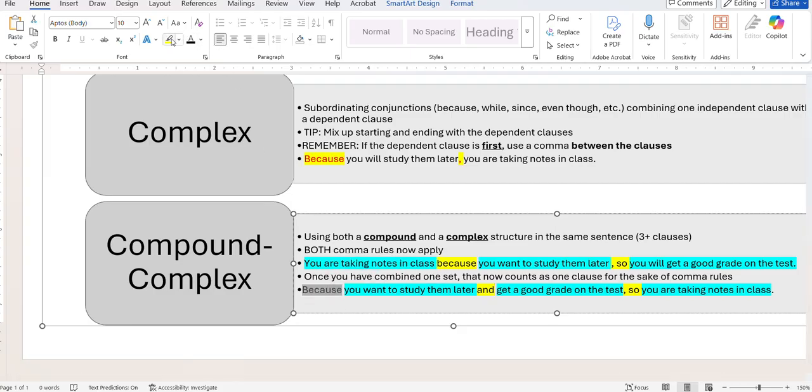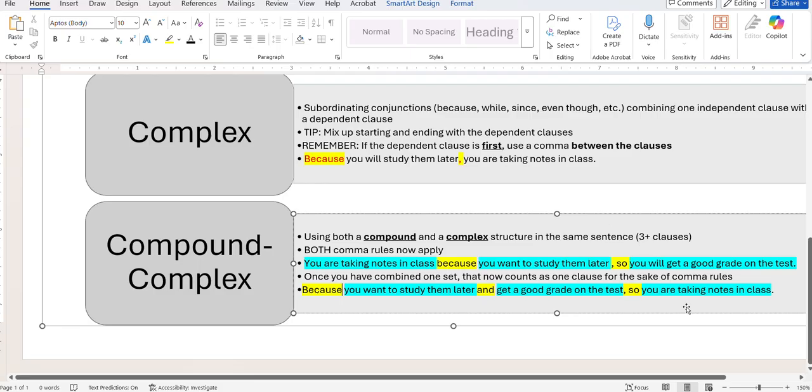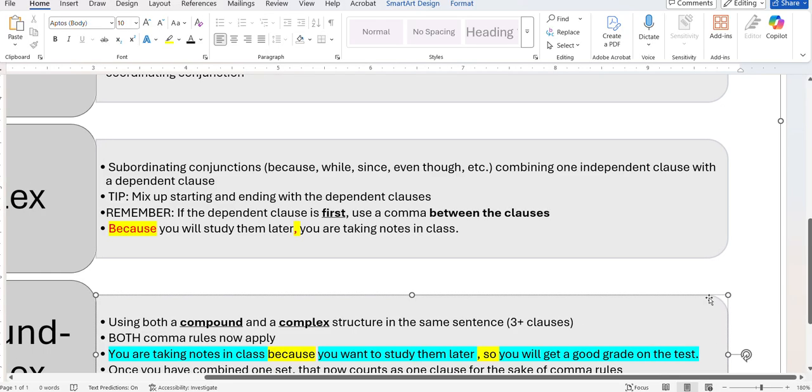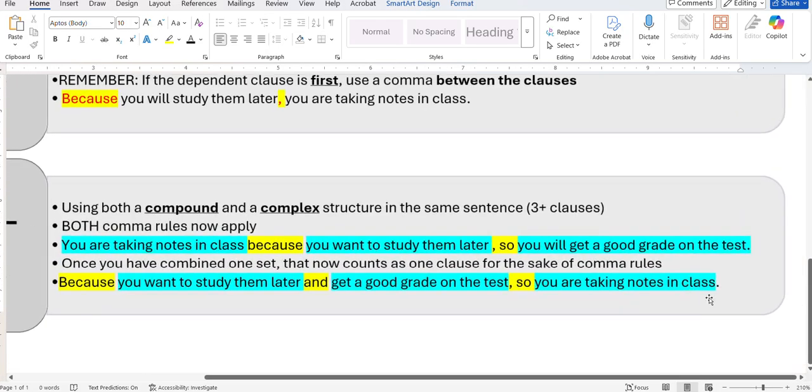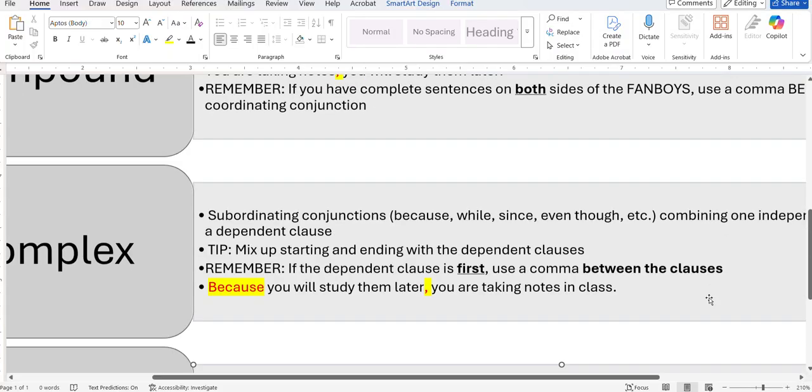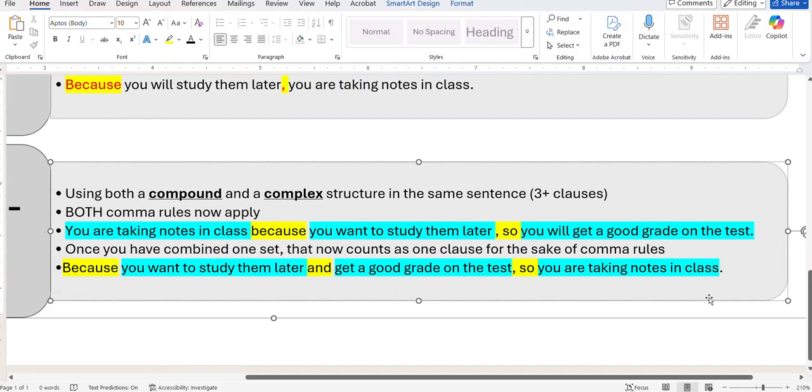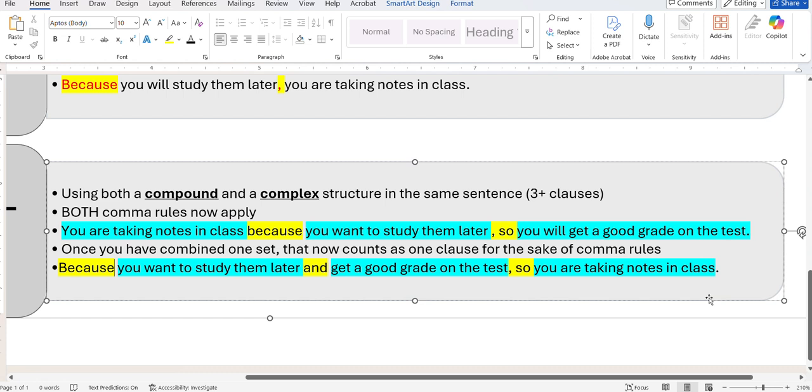Then a subordinating conjunction there. Please don't stop messing up screen. There. Okay. Because you want to study them later and get a good grade on the test, so you are taking notes in class. That is not a very good sentence, but for the sake of me showing you the comma rule, it's going to work.